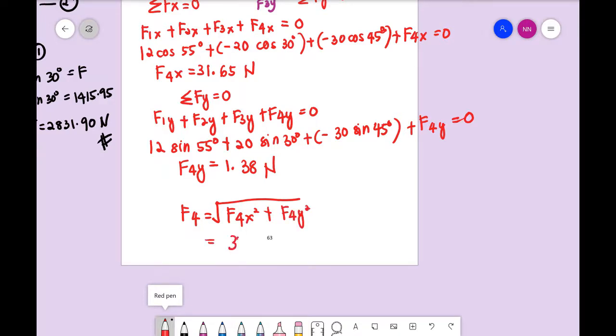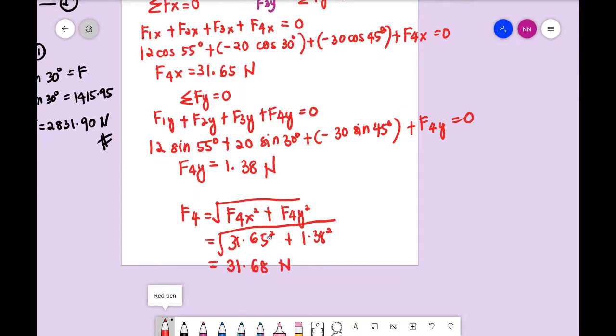Substitute F4x and F4y, plus 31.65 squared, square root, so the answer is 31.68.